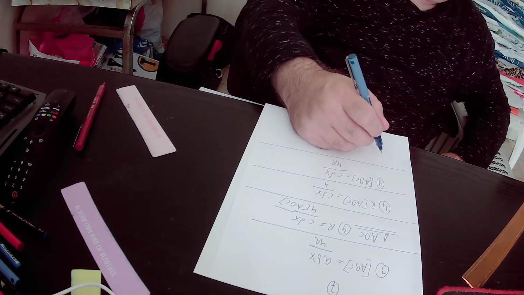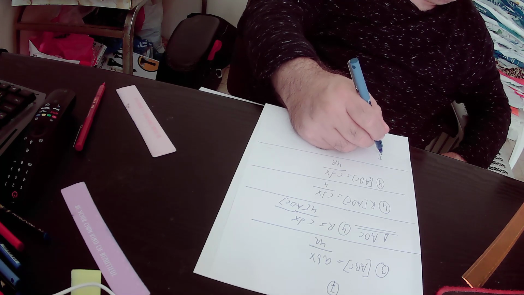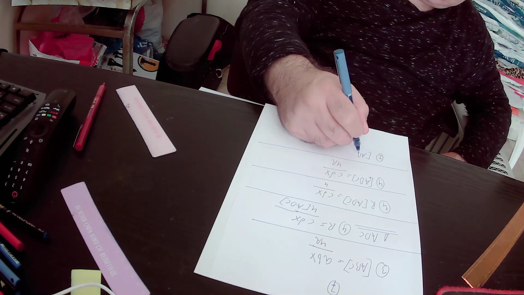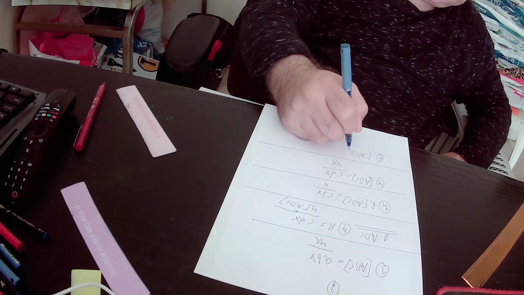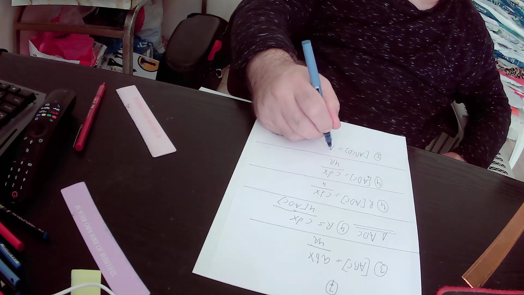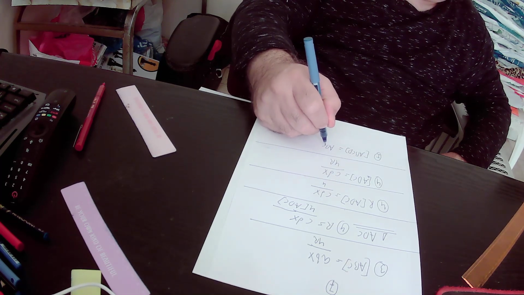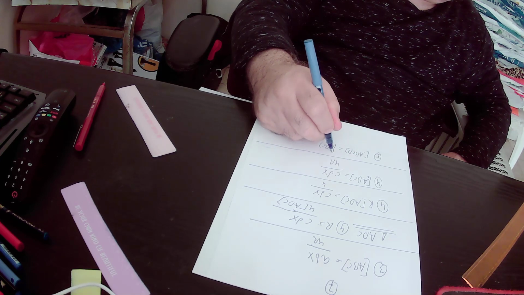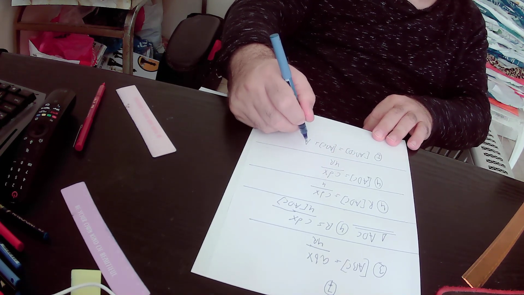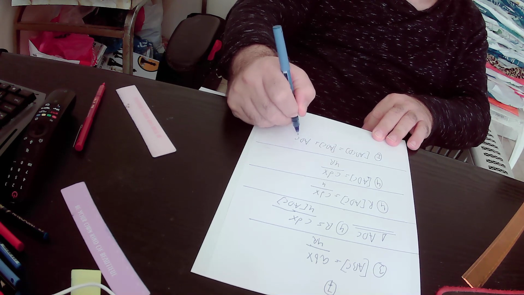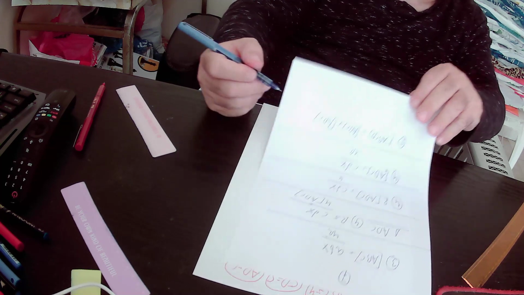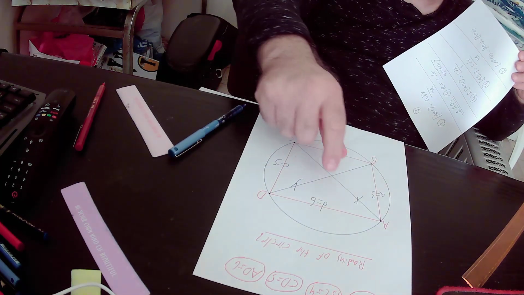The area of quadrilateral ABCD, according to equation number 1, will be equal to the area of triangle ABC plus the area of triangle ADC, because quadrilateral ABCD consists of those two triangles. Okay?